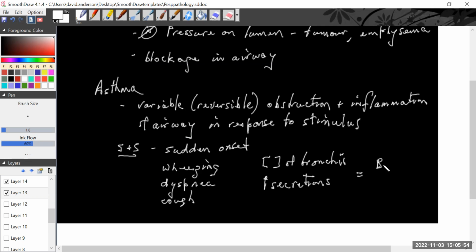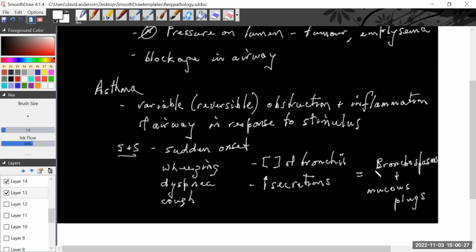So what we really summarize that as is bronchospasms and mucus plugs. So if you're trying to think of the pathophysiology behind an asthmatic attack or manifestation, think bronchospasms and mucus plugs. That's really what these two things are describing.